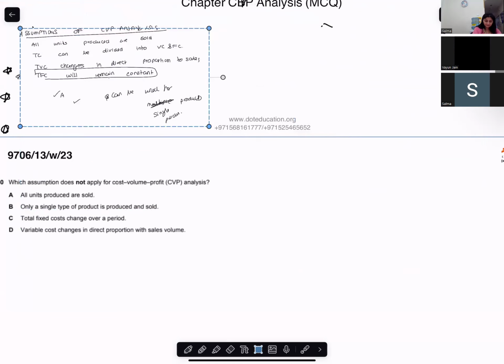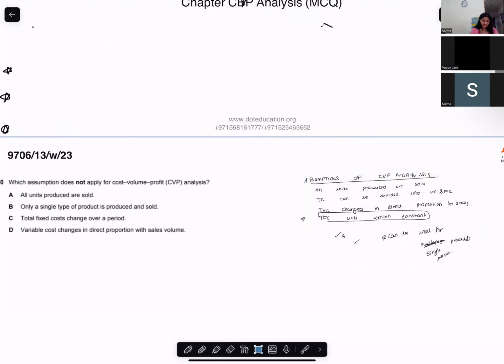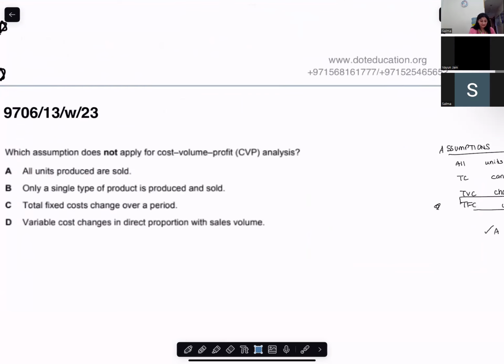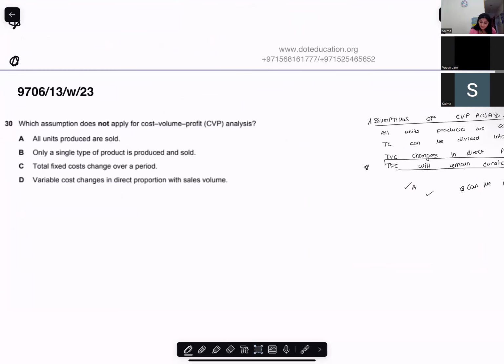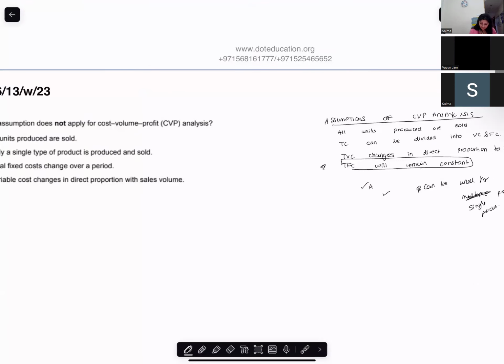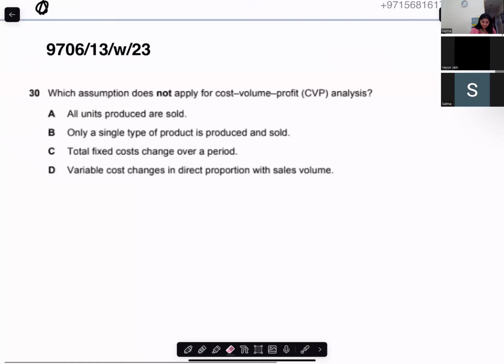It is incorrect, because in CVP the total fixed cost will always remain constant. So which assumption is incorrect? C. This is incorrect. And variable cost will also change in direct proportion to the sales value.